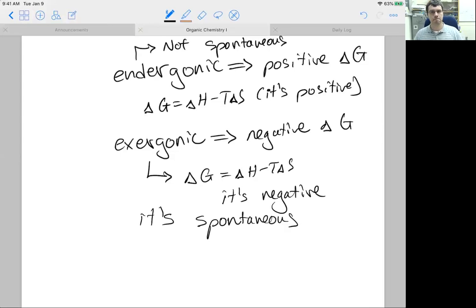Okay, so I'm going to end there. Thermodynamics is really looking at the interplay of enthalpy, which is delta H, and entropy, which is delta S, in a chemical system.